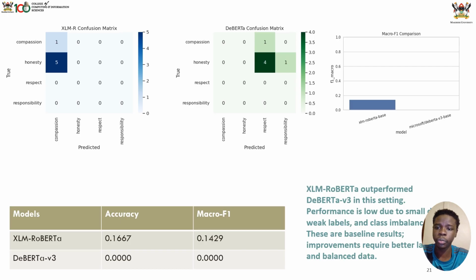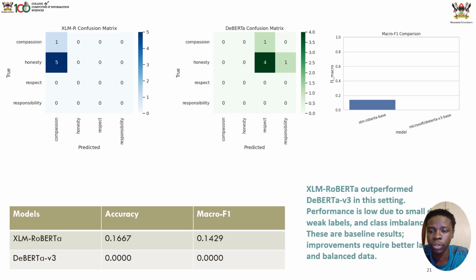Here you have the confusion matrix and results. In this slide we show the results of our two models, XLM Roberta and DeBERTa V3. We use a confusion matrix to see how well each model predicts the correct moral category. Looking at the numbers, XLM Roberta got an accuracy of 0.1667 and a micro F1 of 0.1429.